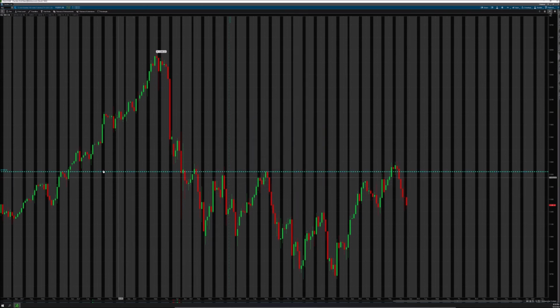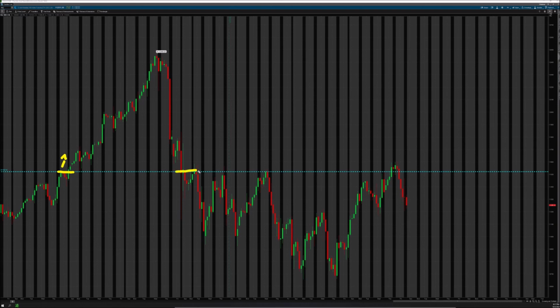So I placed a price line there. As you guys see, this was a resistance. Once it broke that, we went to the upside.